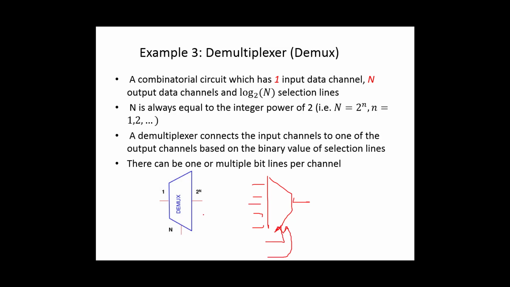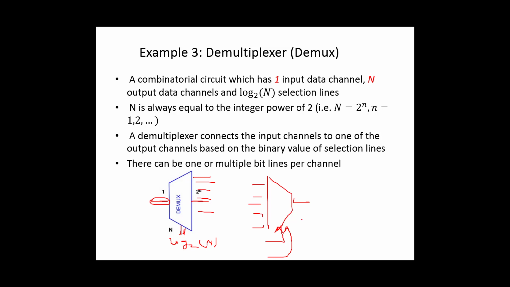The demultiplexer has one input and 2 raised to power n outputs, and n select lines, and it connects this input to one of the 2 raised to power n outputs one at a time depending upon the binary value of these select lines.